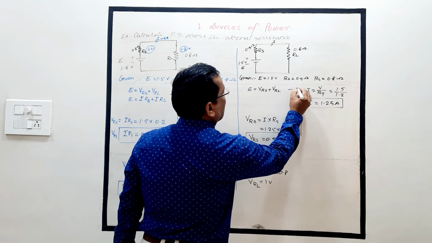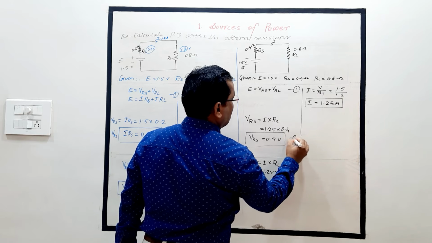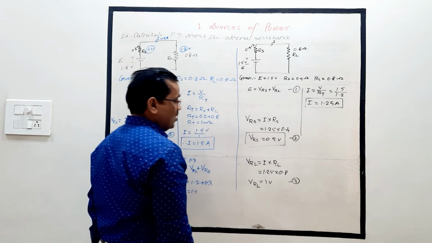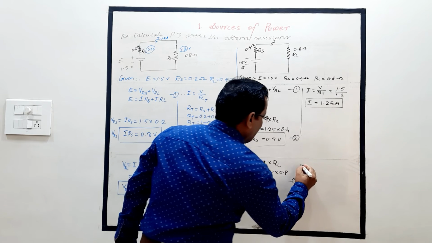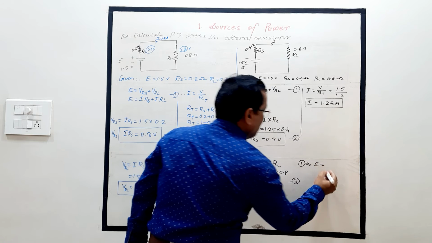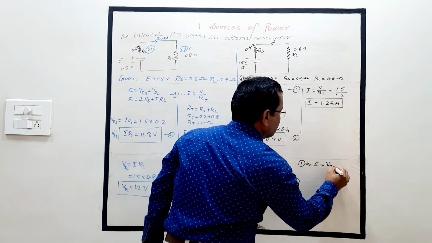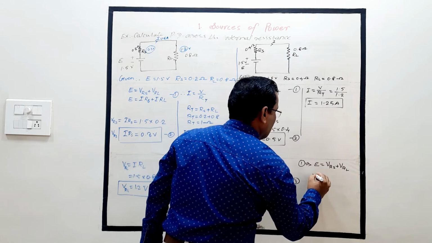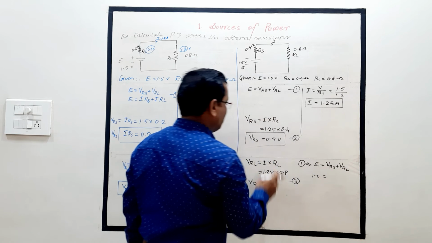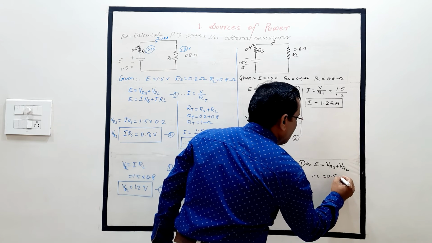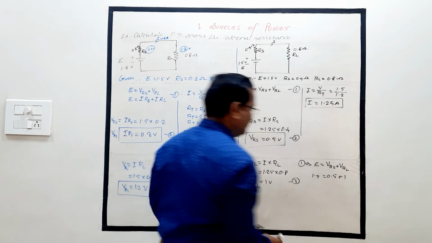This is equation 1. From 1 we can say E is equal to VRS plus VRL. 1.5, here VRS is 0.5 and VRL is 1.